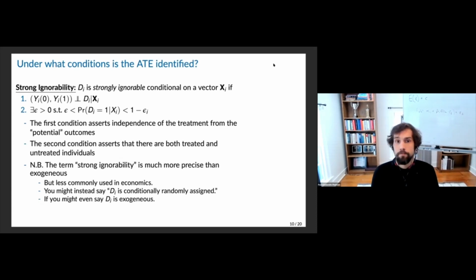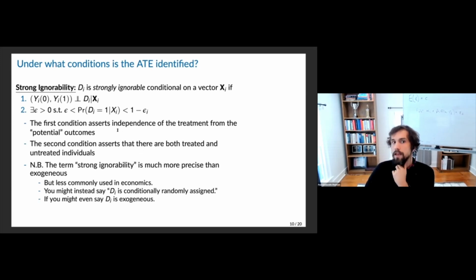Basically the theorem is: di is strongly ignorable conditional on a vector xi if the pair of yi's, these two unobservable terms, the one where you're treated and the one where you're untreated, are conditionally independent of di, conditional on xi.